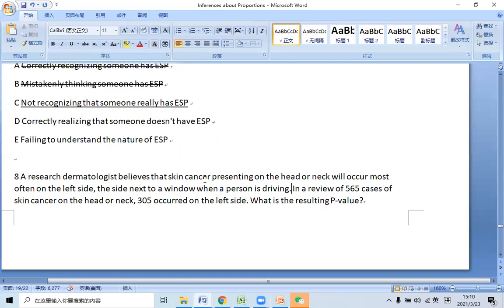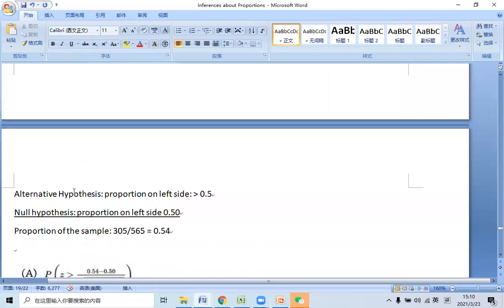He believes skin cancer occurs most often on the left, so that's directional. He would think it's more likely to be on the left side. Left side proportion would be higher than right side proportion. That would be a directional prediction.